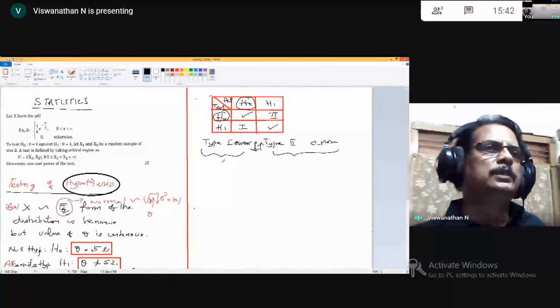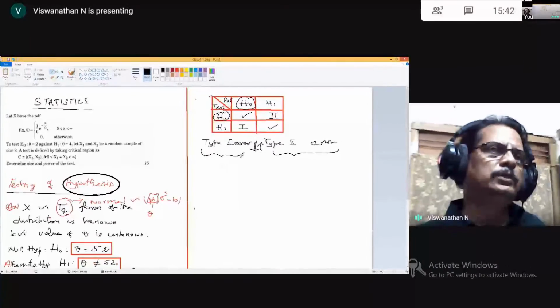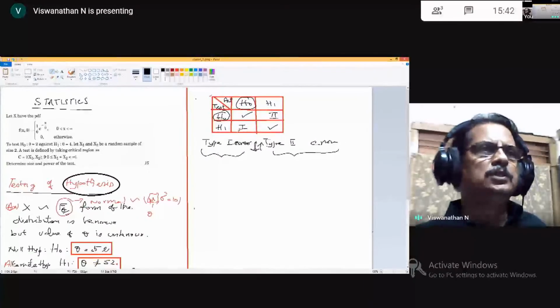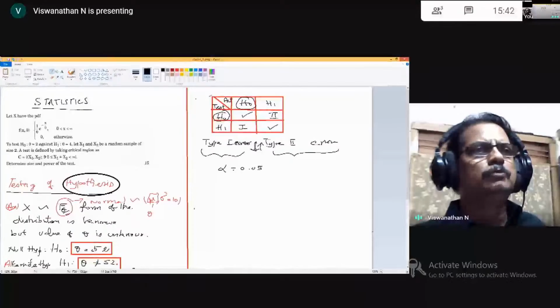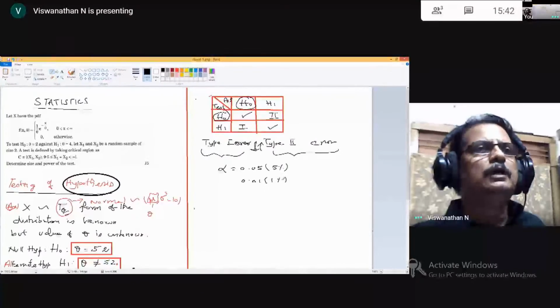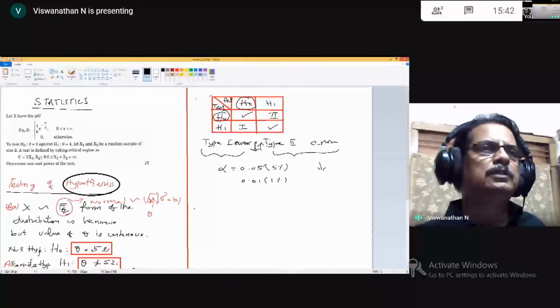In that case, we will fix the more dangerous type 1 error at alpha, normally at 0.05 or 5% level, or 0.01 at 1% level, and we will try to minimize this. Fixing this, now it is a problem of minimizing the other one.